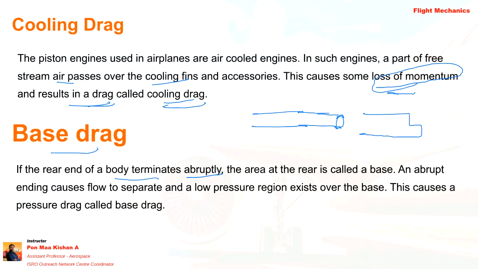Then this type of flow occurs when the missile or aircraft is flying with this type of end part, a step cut or not properly dimensioned structure. This will produce vortex formation, and that creates a drag called base drag.